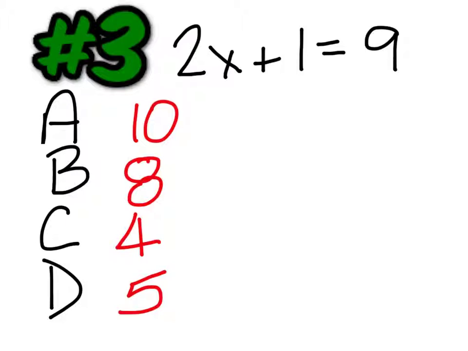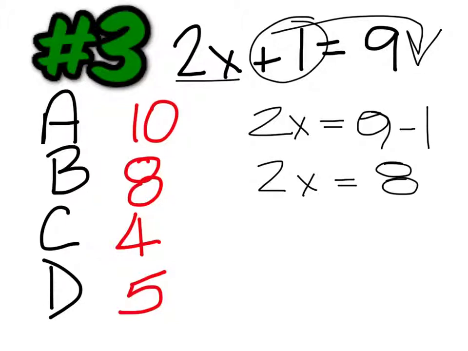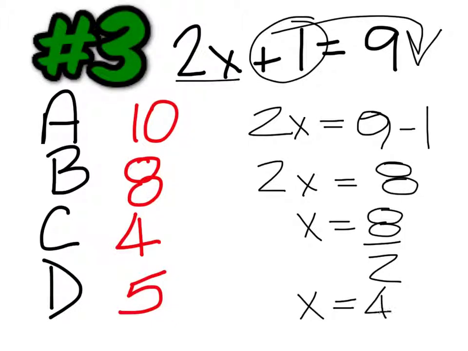C. Same process, except we're leaving 2x on the left and we're moving this over, making it minus 1. Which is going to give us an 8 on the right, and if we divide the 8 by the 2, we do indeed get a 4, which is C.